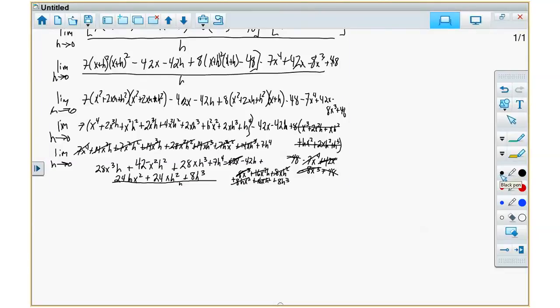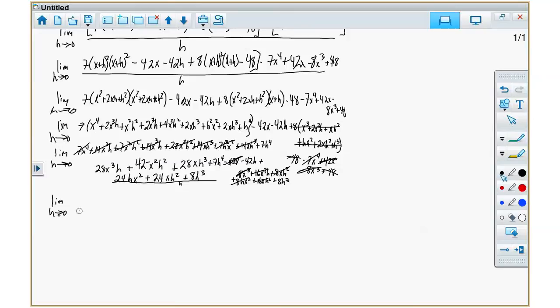So limit as h approaches 0 of, make sure, 7h to the 4th. Is that canceled? Yeah. No, did I bring it down? Yeah, there it is. Okay. I want to make sure I hadn't missed anything else.